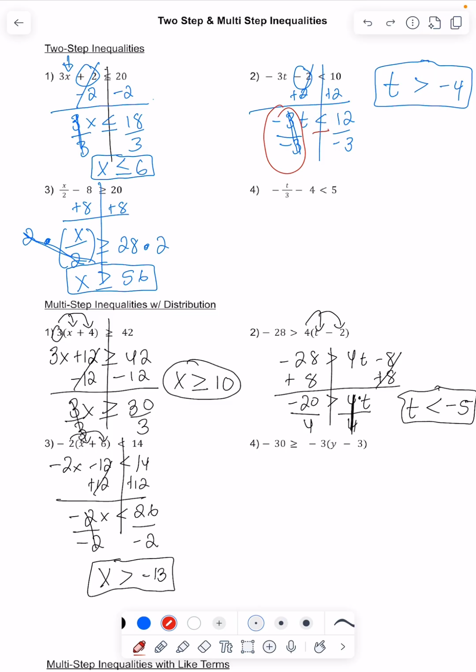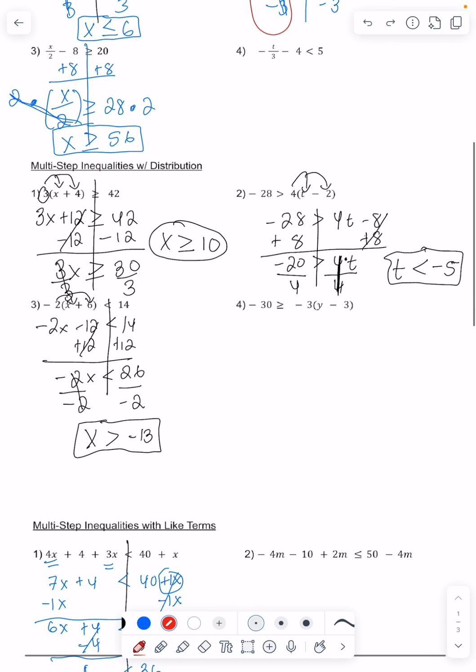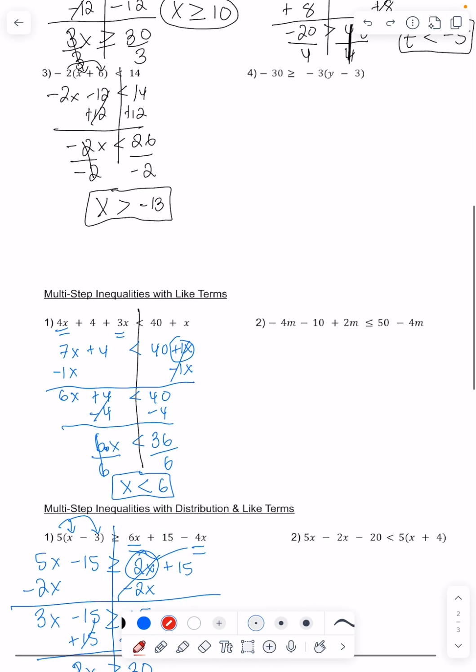So that's super important for here. All of these were dividing by positives, so we didn't do anything. This one was dividing by a positive still, so didn't change it. Here we see a negative, so it went from less than to greater than. So just be mindful of those.